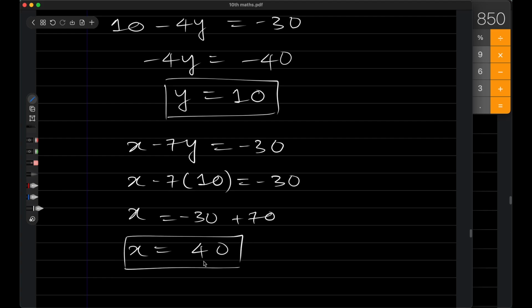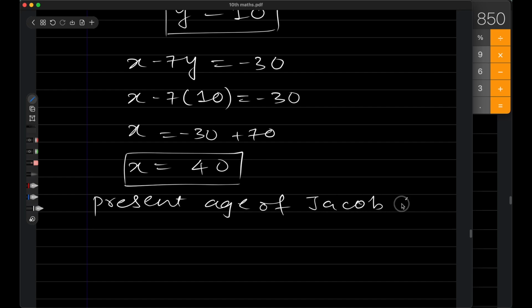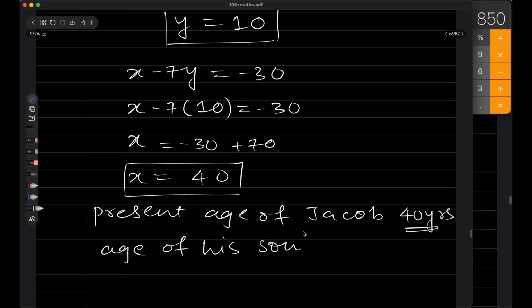So X and Y are the present ages of Jacob and his son. The present age of Jacob, that is X, is 40 years and the age of his son, that is Y, is 10 years.